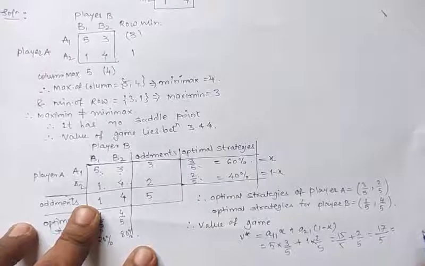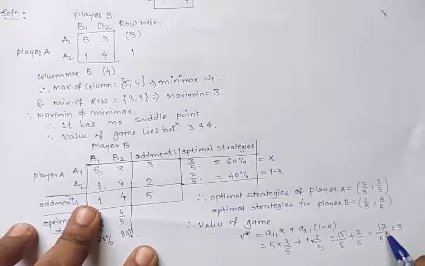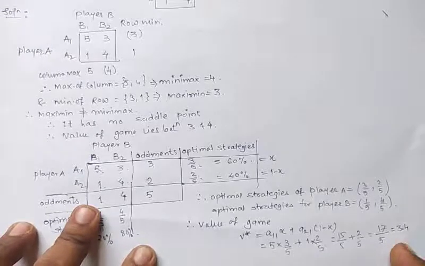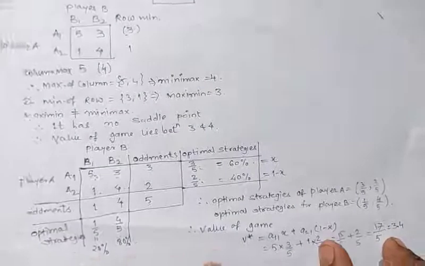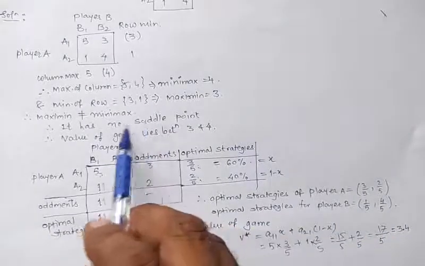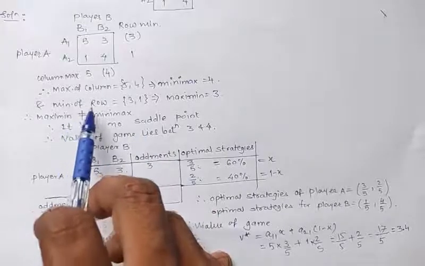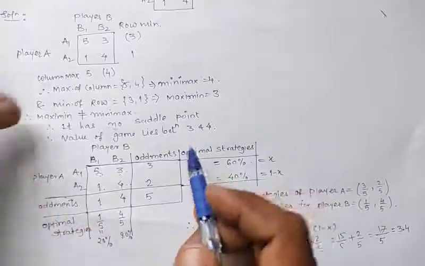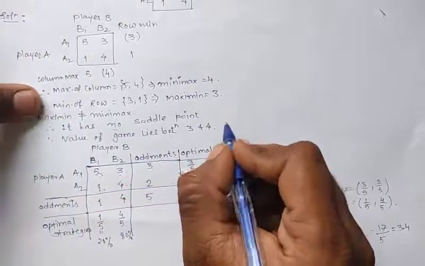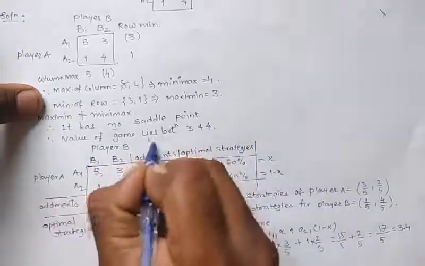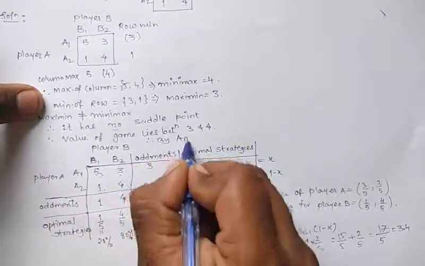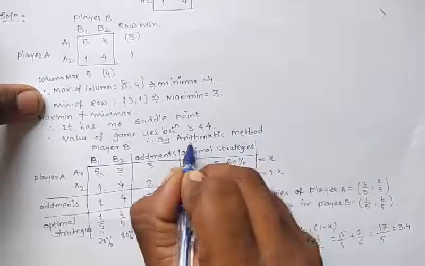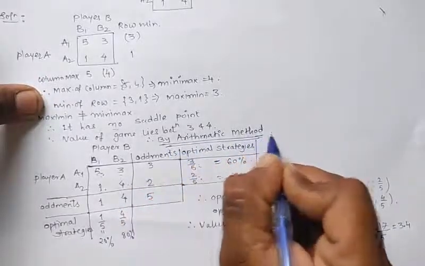After solving, we get 3.4. So the value of game is 3.4, and here we have seen that the given problem has no saddle point, therefore the value of game lies between 3 and 4. This is the arithmetic method for solving a 2/2 game.